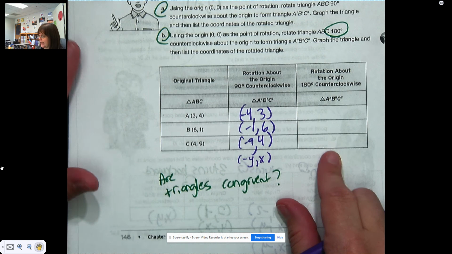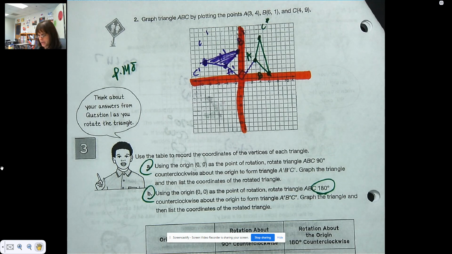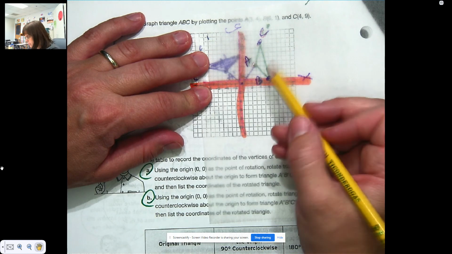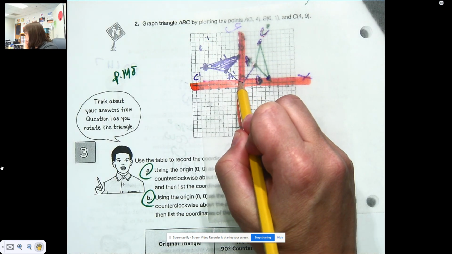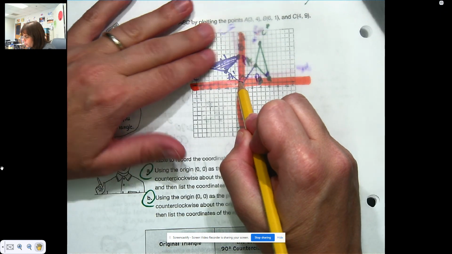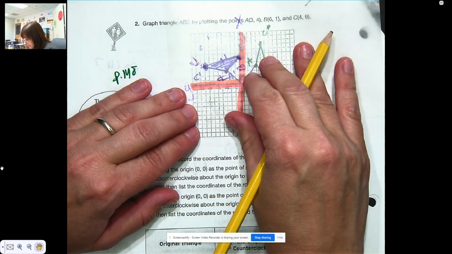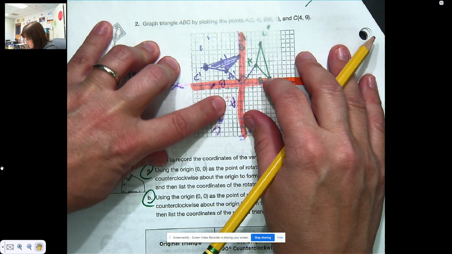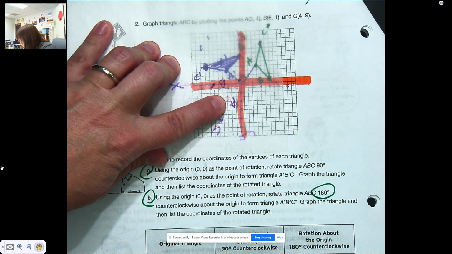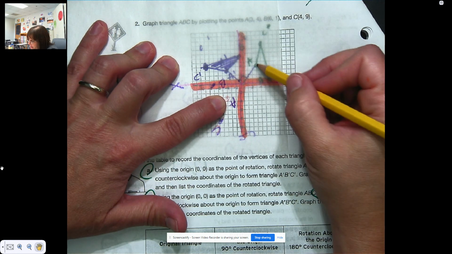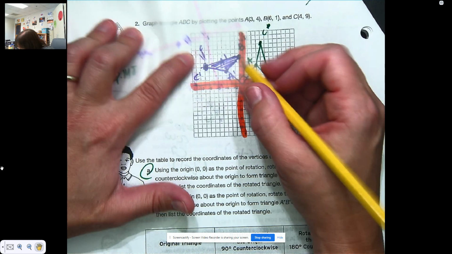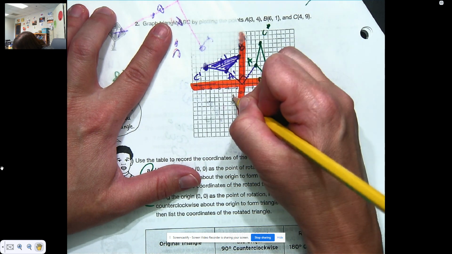All right, let's look at 180 rotation. So I take my original sheet of paper and put it here. Put my pencil in the middle. I'm going to turn it to the left one time. I'm going to turn it to the left twice. All right. And then I'm going to lift up my paper and I'm going to draw. So A went from being 3, 4 to being -3, -4.